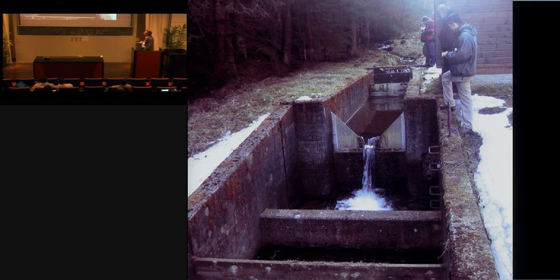Let's look at some examples. This is a small so-called V-notch. Here you have a defined surface area, slow flow through the area. You have a free fall of water from this almost like a little reservoir behind the station, the V-notch.